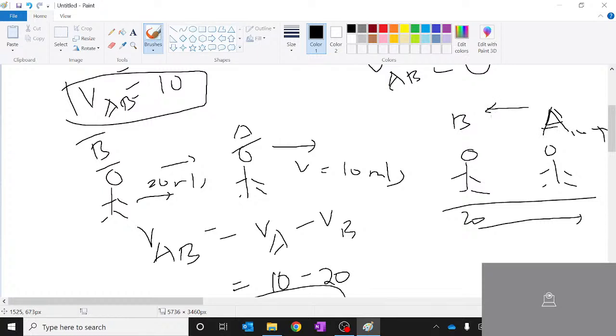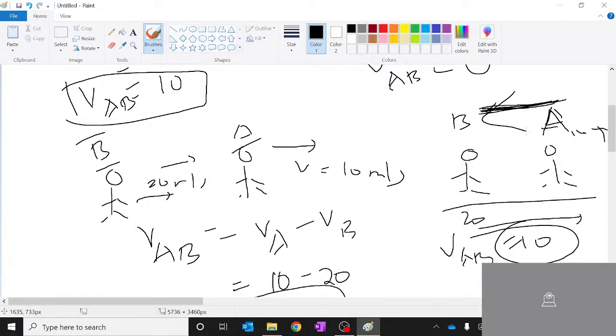It will seem as if A is traveling back with a velocity of 10 meters per second. Why does that happen? Because I am traveling with 20, he is moving with 10. Therefore you will feel as if he is traveling back.